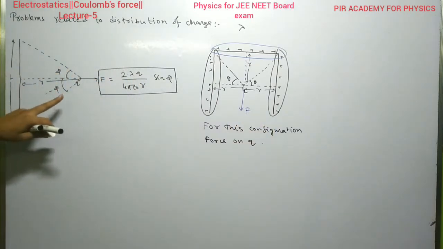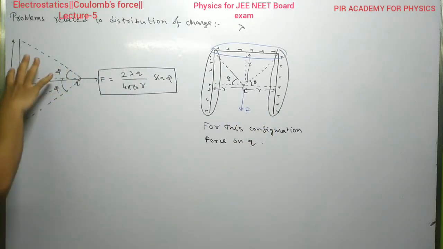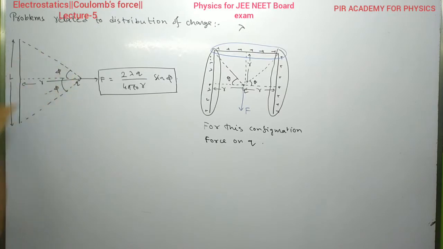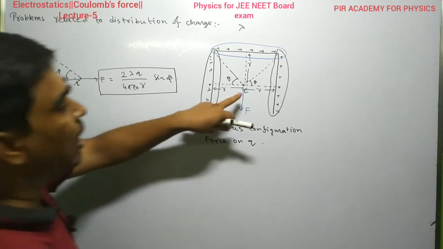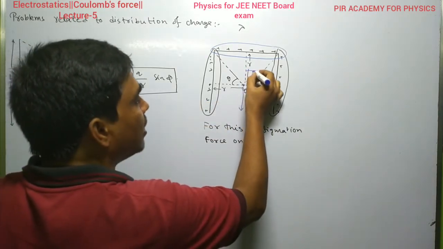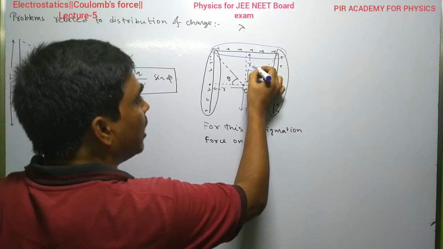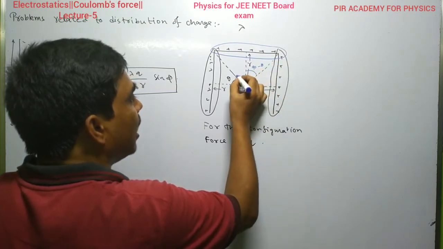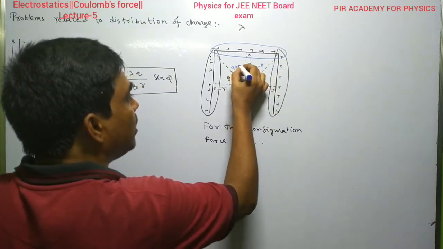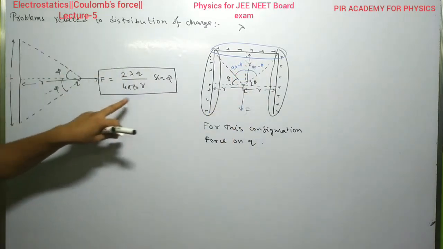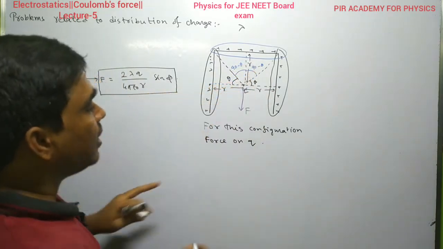So it looks like this configuration. Here is the angle phi. What will be this angle? This angle will be 90 degrees minus theta, so phi will be 90 degrees minus theta.